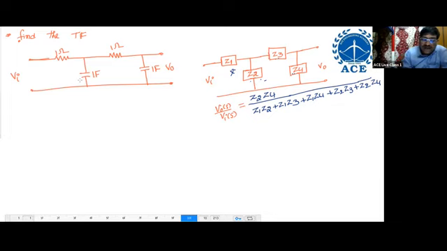Now write the transfer function. Laplace of capacitor is 1 by SC, and C is 1. Now get the transfer function.